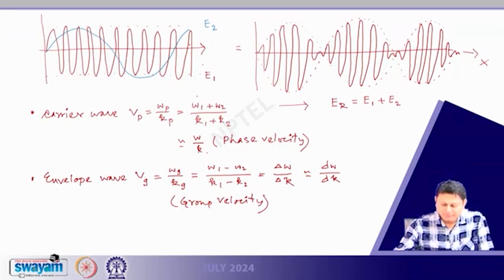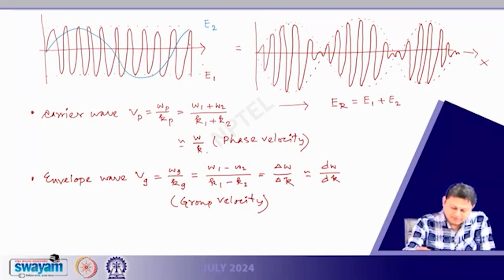Now, in the drawing we have, we can see that the envelope, that is the tip of this thing, is moving with a velocity Vg, and the carrier wave is also moving with a velocity Vp.